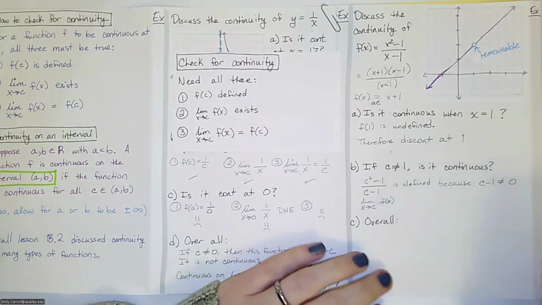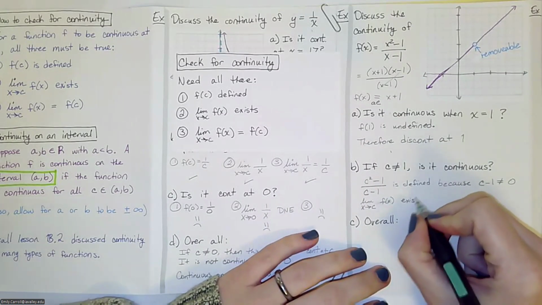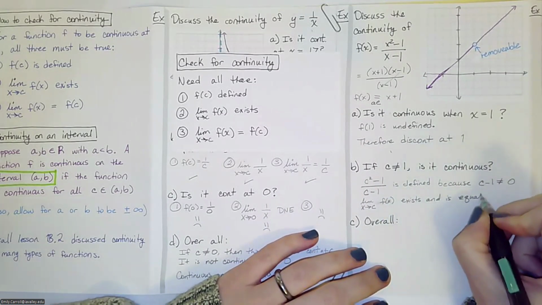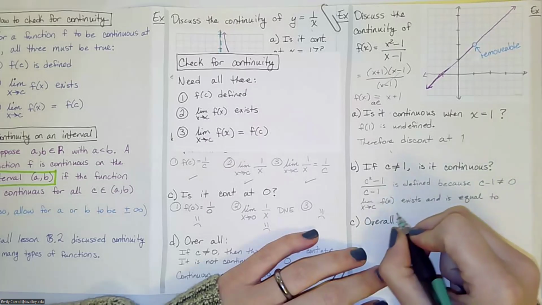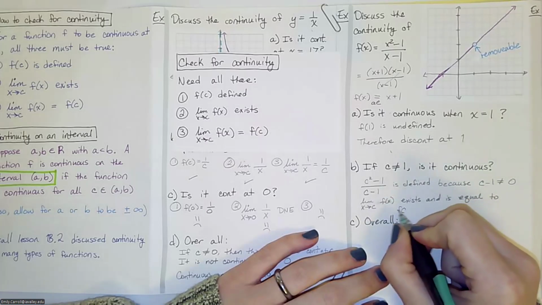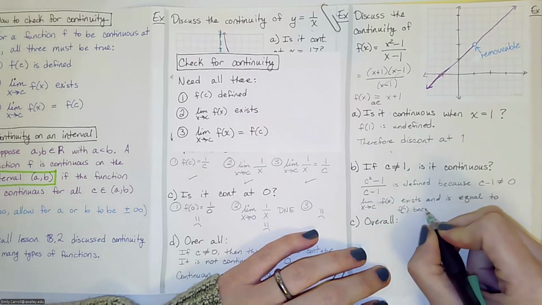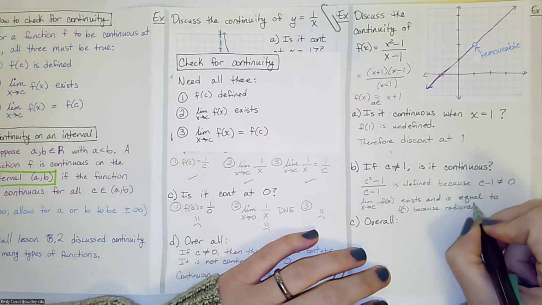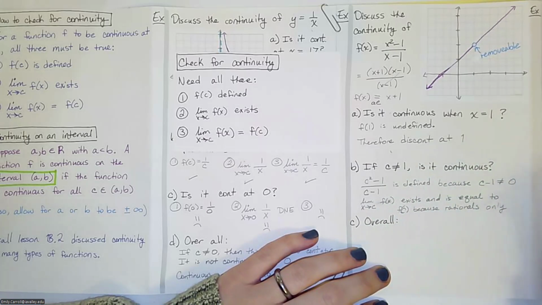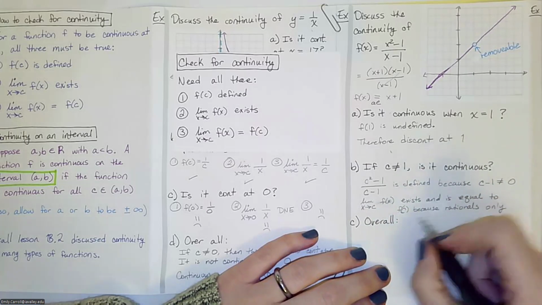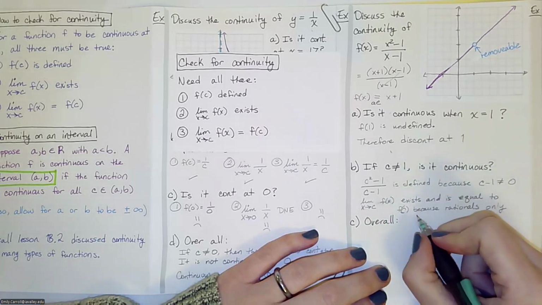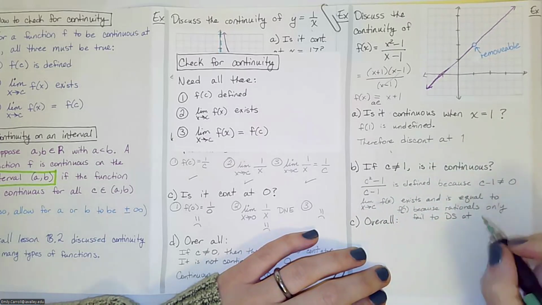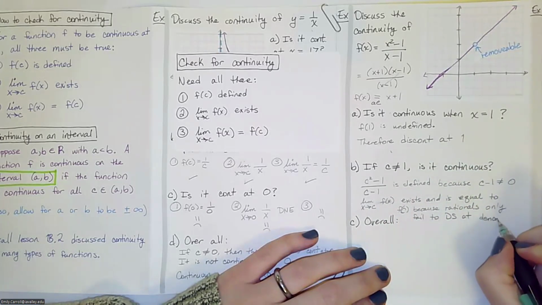Okay, so the limit exists and is equal to f of c, because rationals only fail to direct substitute at places where the denominator equals 0.